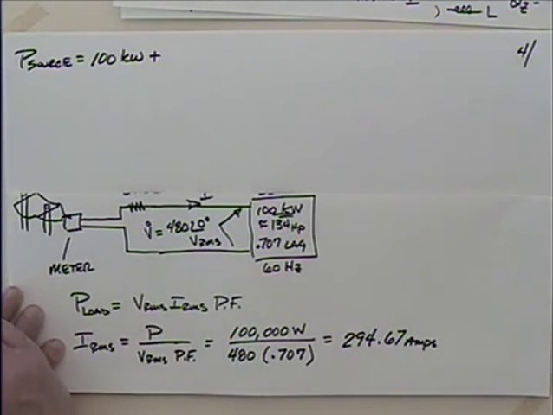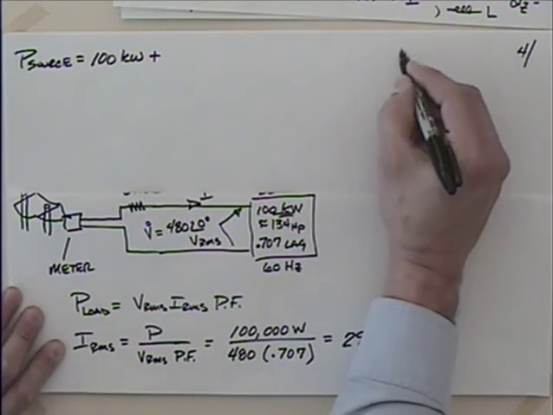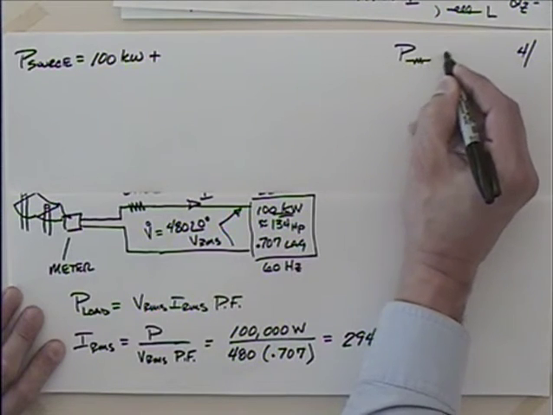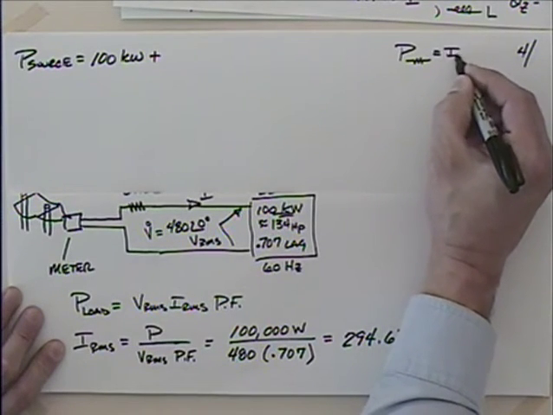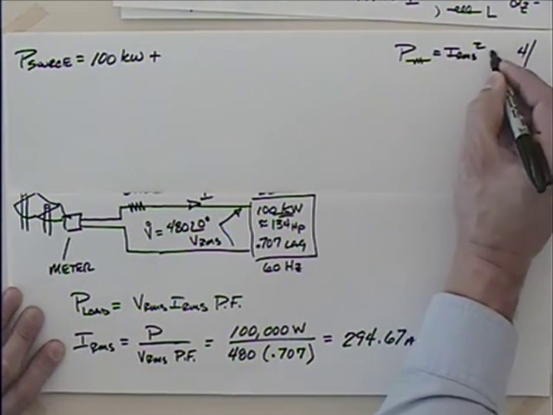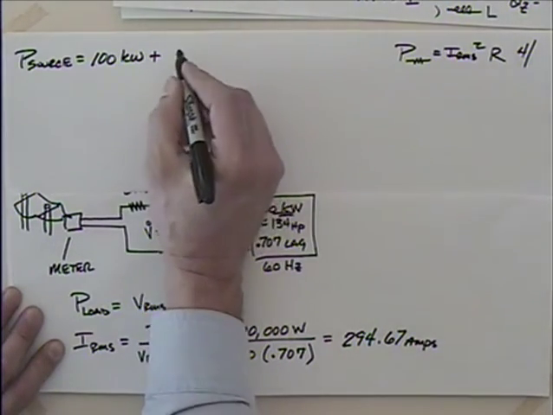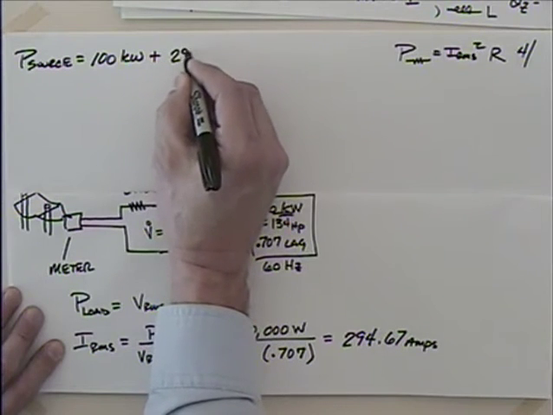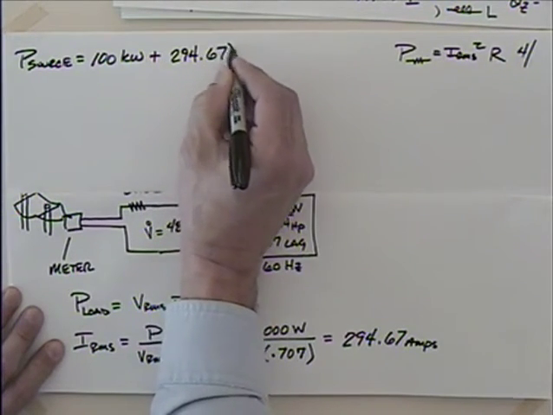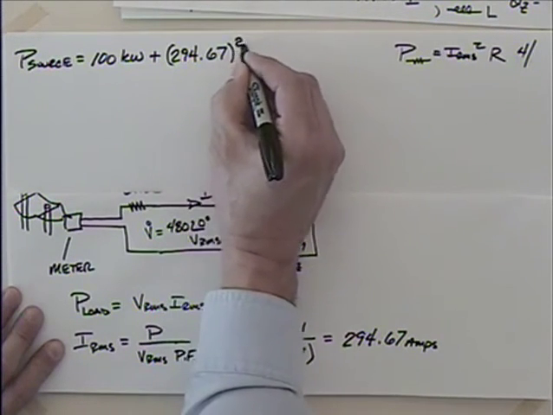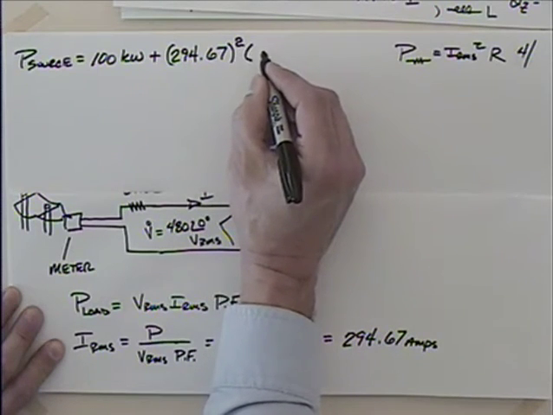Well, I could say that the power dissipated in a resistor is I RMS squared times the resistance. We saw that last time. So let me say that is 294.67 squared times the resistance, which is 0.1.